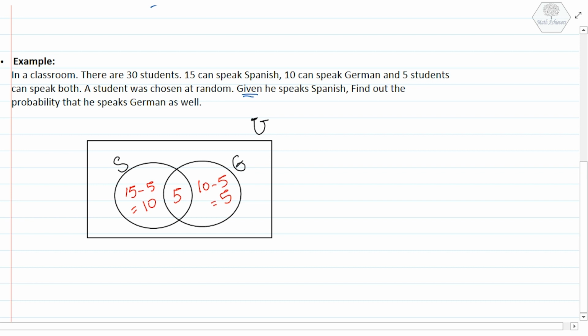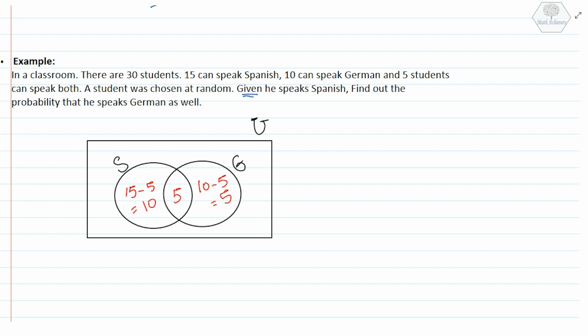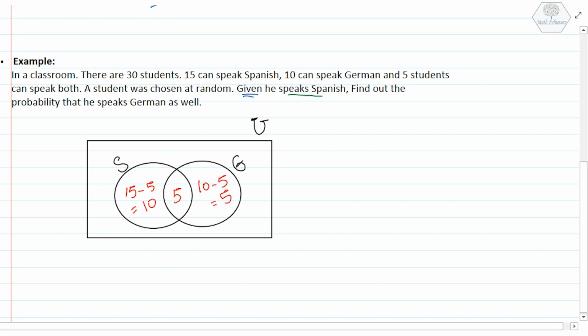So now, for my question, given he speaks Spanish, my new sample space would be speaks Spanish. So I look at the students who speak Spanish. So my probability would be equal to, having a new sample space, which is the students who speak Spanish, which is 10 plus 5.